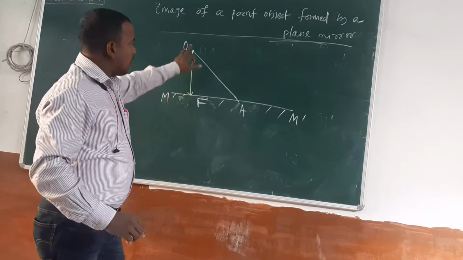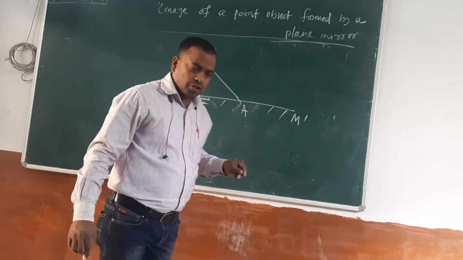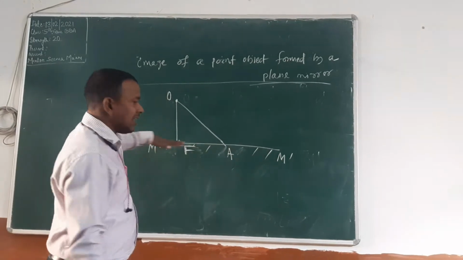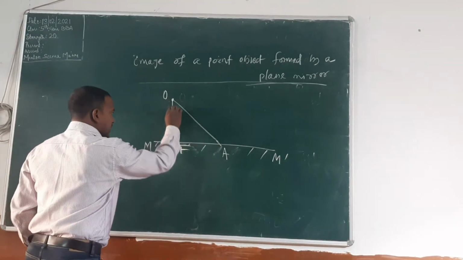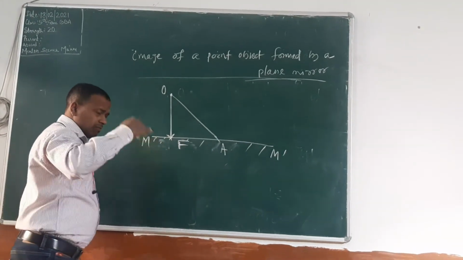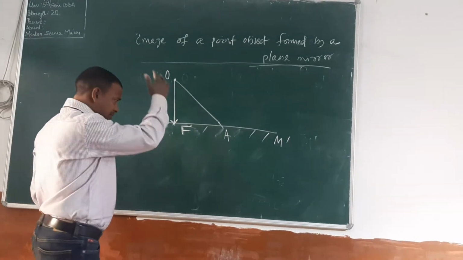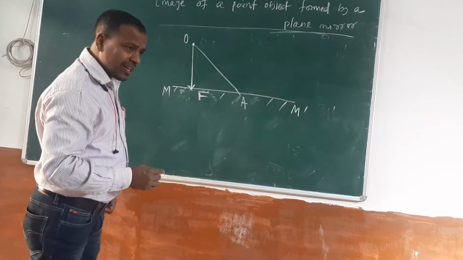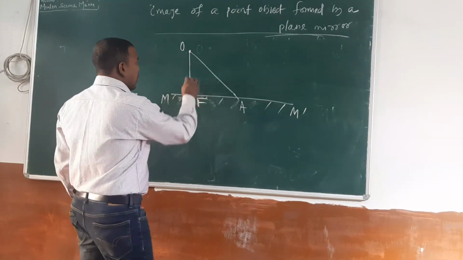OF and OA are two incident rays striking the reflecting surface. OF strikes normally, means perpendicularly.